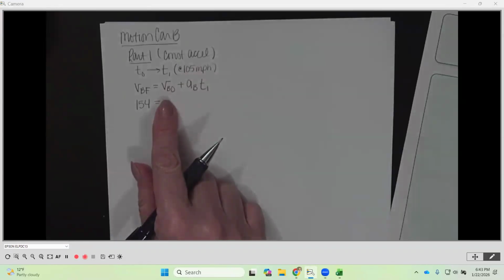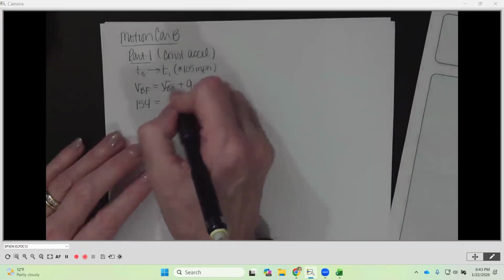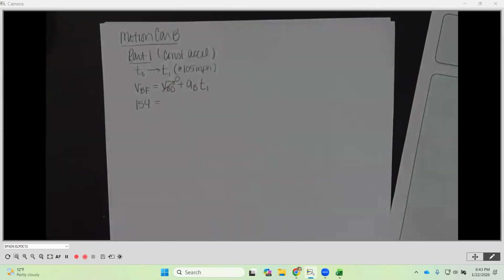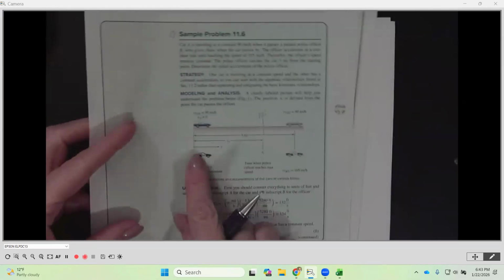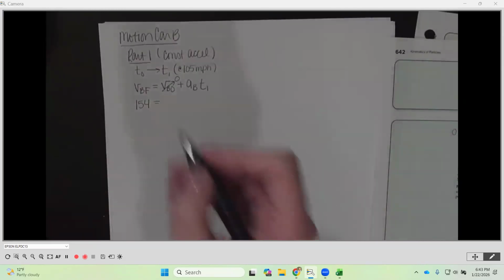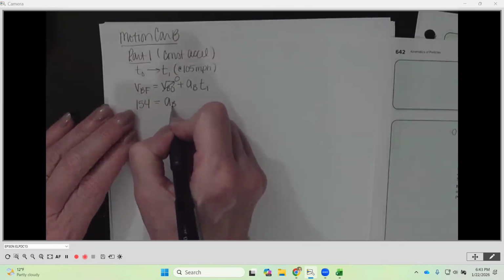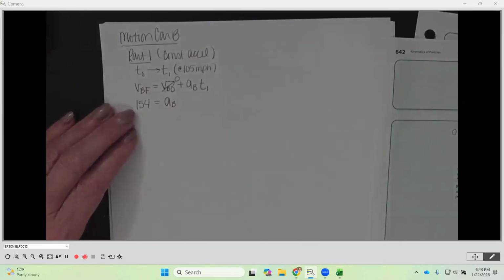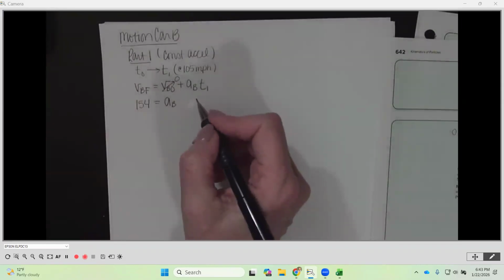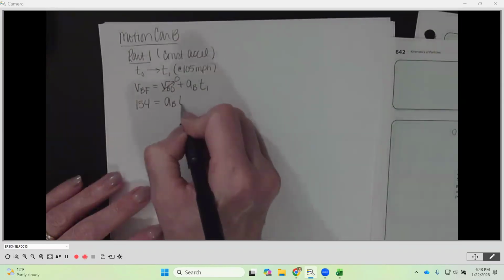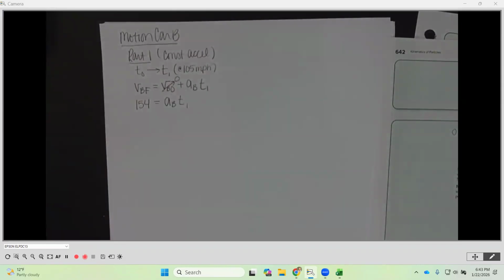Our original velocity is starting from 0, so this just goes to 0, because remember, the police car is at rest on the side of the road. So it starts at 0. Acceleration of B is an unknown variable, so we're just going to leave it at that. And this is going to stay at T1 because we don't know what that is yet.